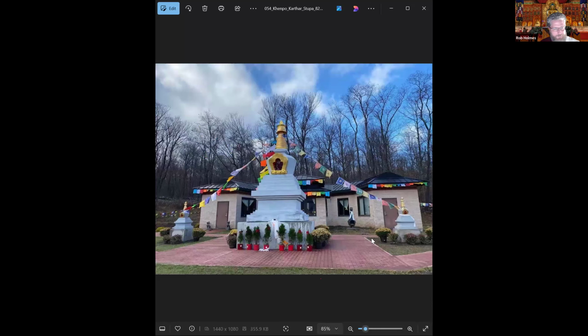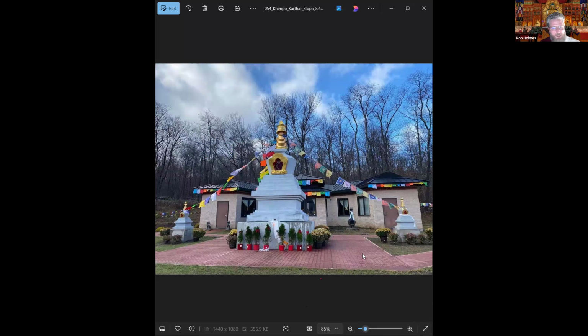So this is the columbarium, the stupa here in the center that has Kembakartar's stupa has his ashes in there, some of his ashes, and some relics. And this is like a semicircle in the back behind that.